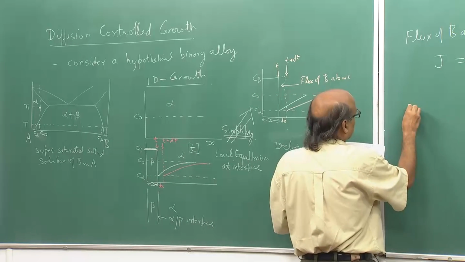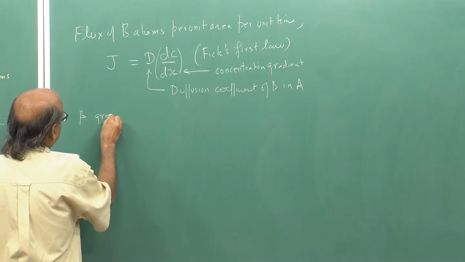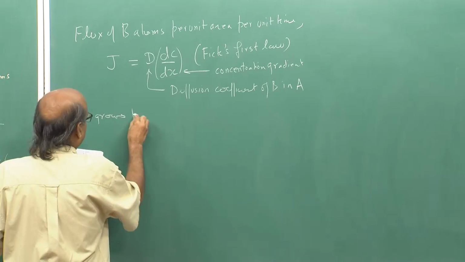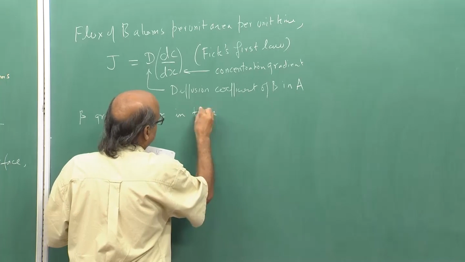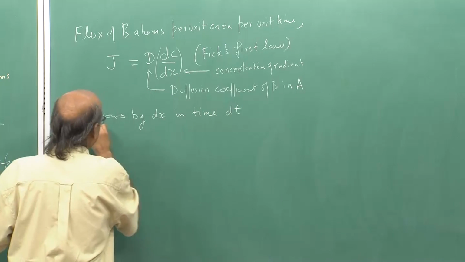So, we say that beta grows by dx in time dt.